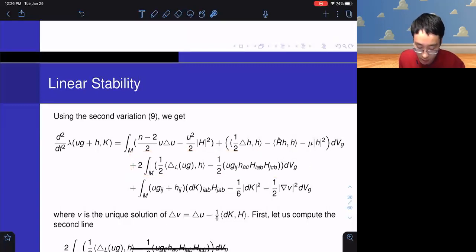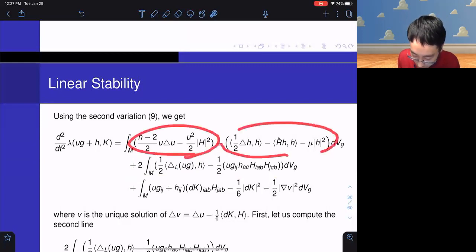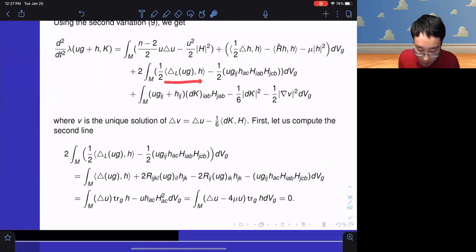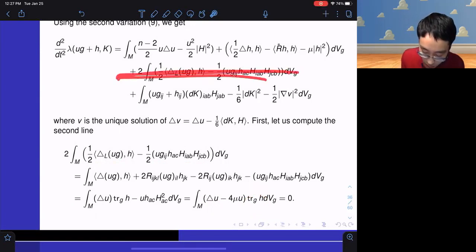The second line comes from the cross term between UG and H. Maybe I can skip the direct computation, but if you compute it, you will find that this will be Laplacian U minus 4 mu U times the trace of H. But here we assume our trace is free. So actually, we don't have the second line.